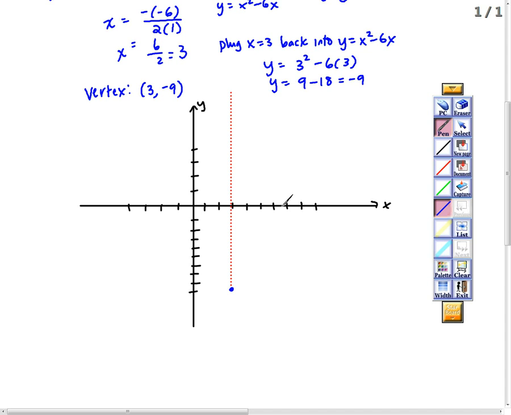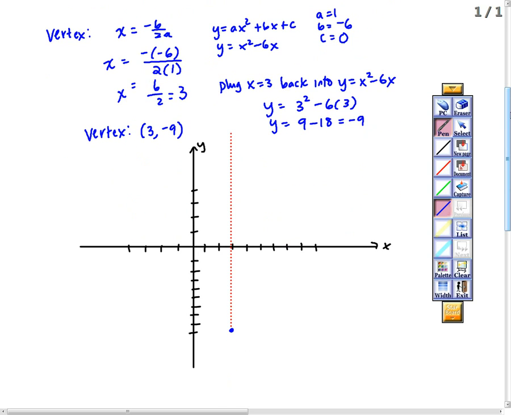If I have a point on this side, I can reflect it across here and get another point. Let's look at our intercepts: (0, 0) and (6, 0). Here's (0, 0), and you see that it's 3 units away from my axis of symmetry. That means there'll be a point over here, 3 units on the other side. I knew that already because that was my other intercept, but we also get that from symmetry.